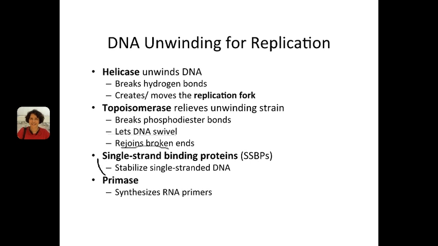Another group of proteins that allows this process to continue smoothly are the single-strand binding proteins, abbreviated SSBPs. The single-strand binding proteins stabilize single-stranded DNA. They literally bind regions of single-stranded DNA and prevent the two strands from snapping back together.